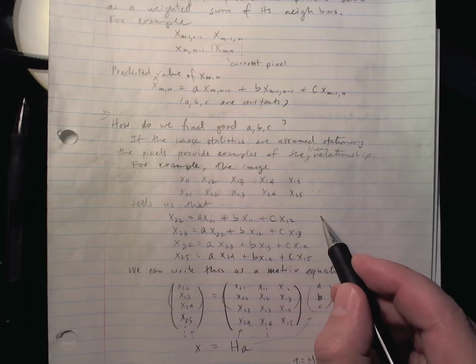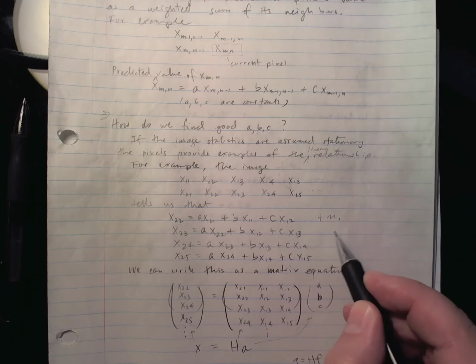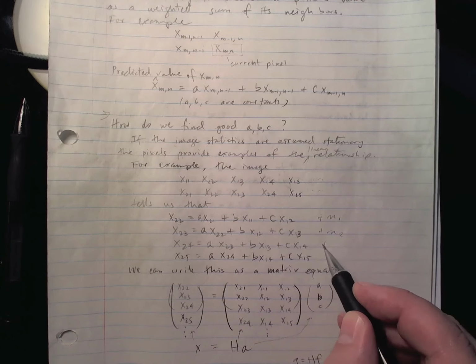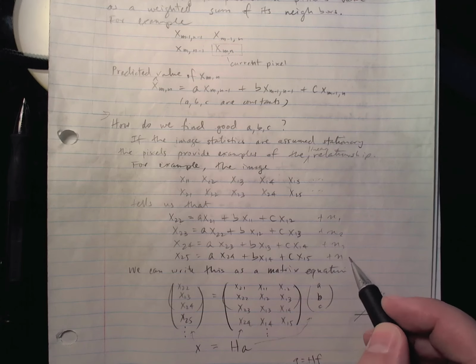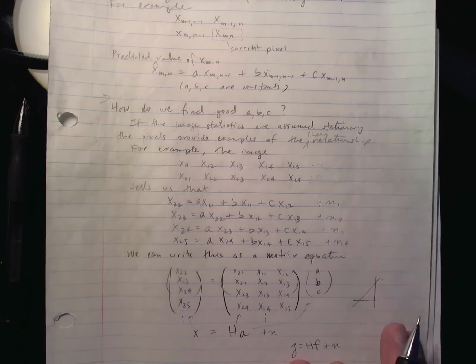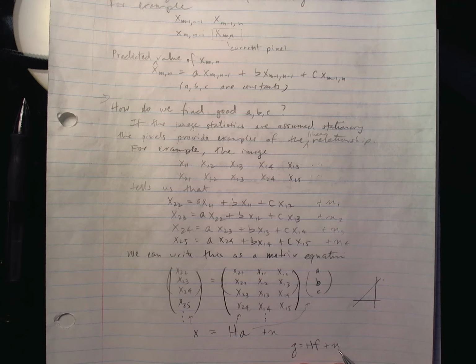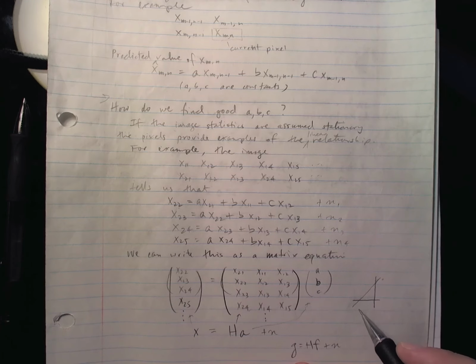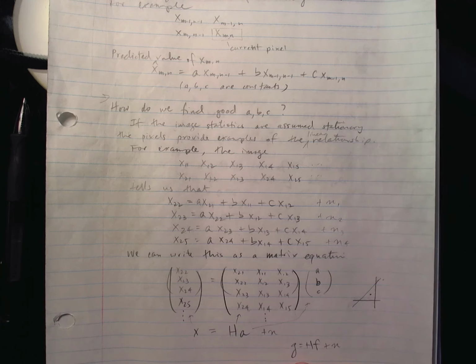So really you could say there's like a noise here that we're not writing. So in a way this is really like HA plus N, or G, which would be like our imaging equation, G equals HF plus N. And remember, when we had linear equations with noise, the least squares solution found us a very reasonable answer in the middle.